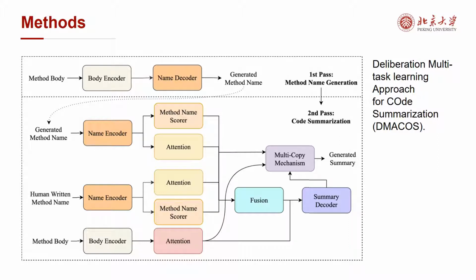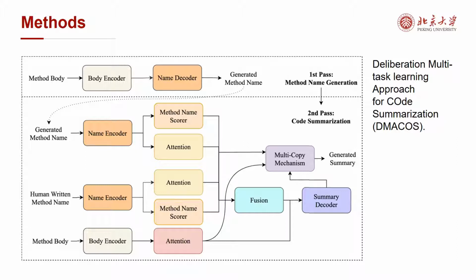Firstly, we use the method body to generate the method name, and during the second pass, we have the generated method name and the human-written method name, and we combine them and use a model to deliberate which part is more important.